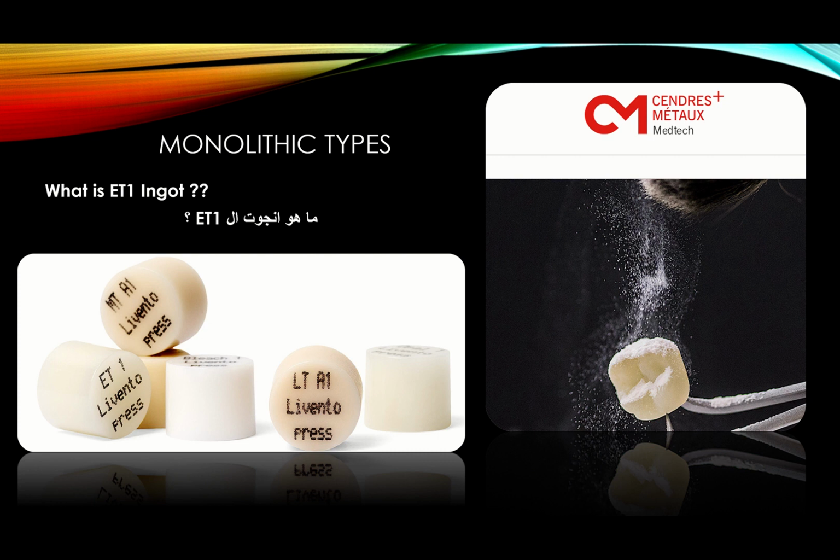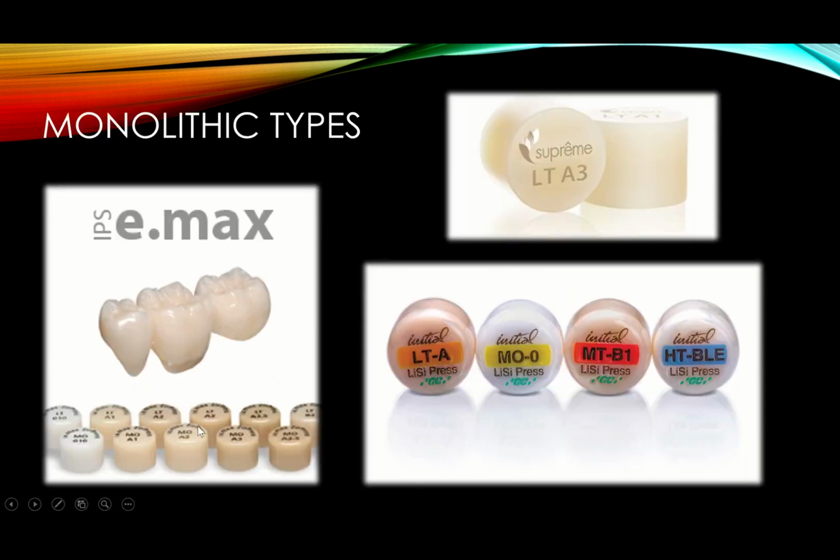All right. So every company has its own breakthrough, and some companies don't even adhere to the shade guide exactly. They have, for example, LTA range, and then there is MTB1 range, and I have ingots of B0, and I have ingots from CM B0 and A0. It's just because many people have this issue with BL4.